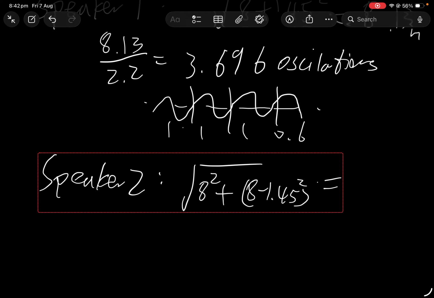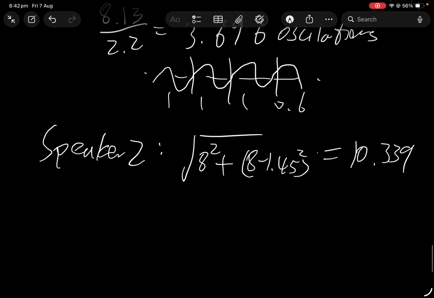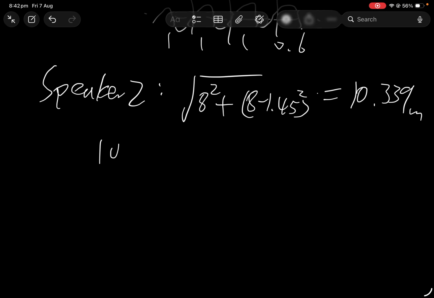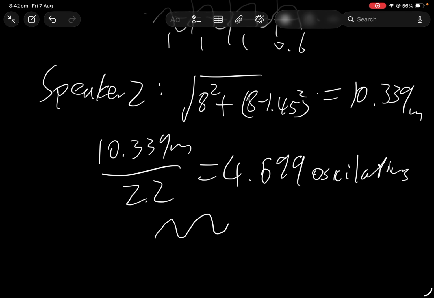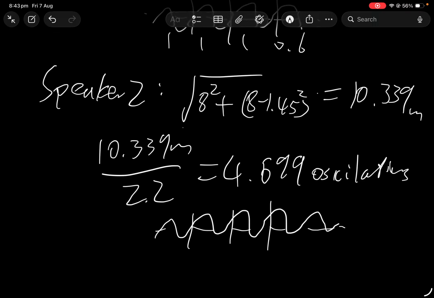So it's the root of 8 squared plus (8 minus 1.45) squared, and that is 10.339 meters. And 10.339 meters divided by 2.2 is 4.699 oscillations. That means it's like 1, 2, 3, 4, and then it goes like there again, so 4.6.